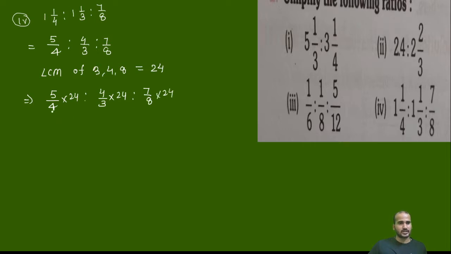So just look, friends, 4 1s are 4, 4 6s are 24, 3 1s are 3, 3 8s are 24, and 8 1s are 8, 8 3s are 24. So your answer will be 5 6s are 30, then 4 8s are 32, then 7 3s are 21. So your answer is like that: 30, 32 and 24.